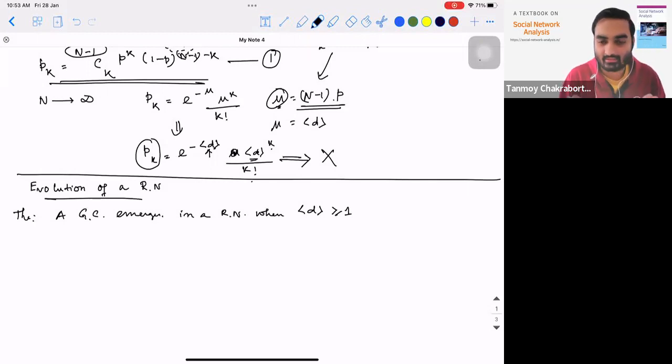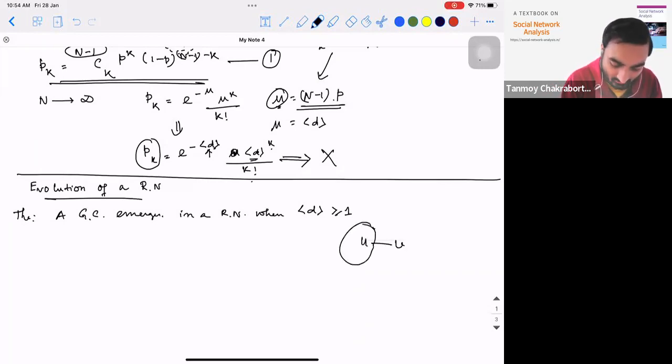Okay, giant component, again, the idea is that all pairs of nodes are connected. If U is connected to V, if U is a part of the giant component, V is also a part of the giant component, right?